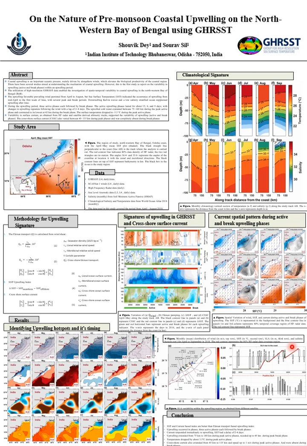Here, all three active and break phases are clearly visible, and it perfectly syncs with the SST variation. As you can see, whenever the horizontal extent is increasing, there is a strong signature of upwelling in the current, and during break phases, the cross-shore current is absent, which is represented with negative values.